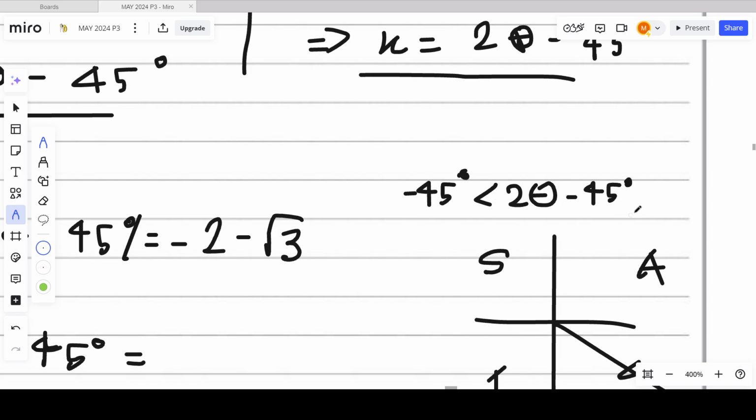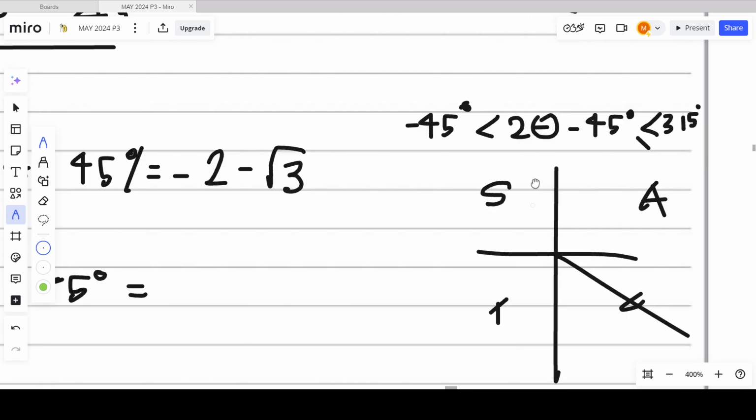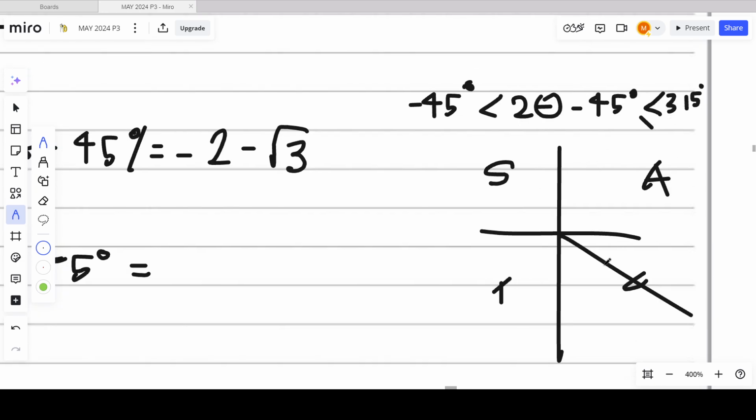The upper limit would be 180 times 2, that is 360 minus 45, which is 315 degree. So we got the range for 2 theta minus 45 degree, and within that range we should consider. Negative 75 lies outside the range, so ignore this one.